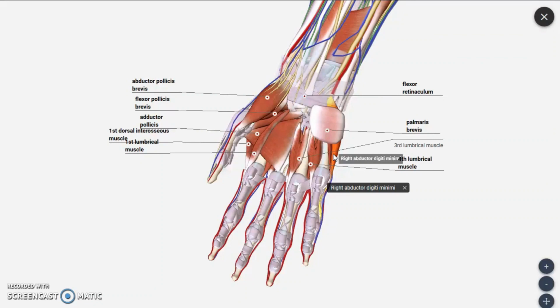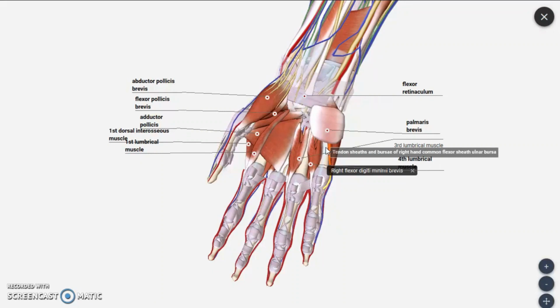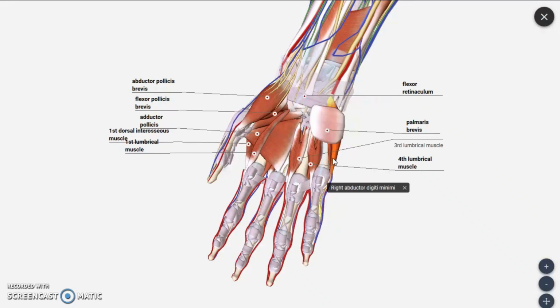So abductor digiti minimi, then flexor digiti minimi, and another muscle lateral to it, opponens digiti minimi. These 3 muscles contribute to the eminence, the hypothenar eminence. So abductor digiti minimi, flexor digiti minimi and opponens digiti minimi form the hypothenar eminence.